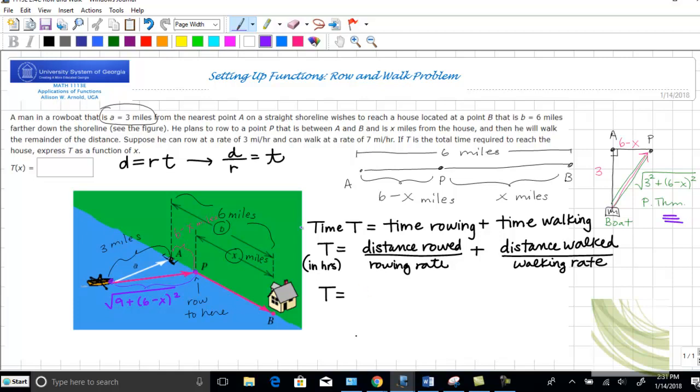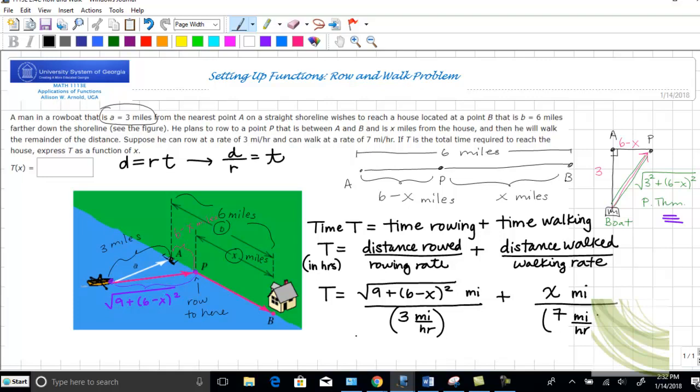Okay, so the distance that he's been rowing in miles divided by the fact that he can row 3 miles per hour. Notice that when we invert and multiply the units, the miles would cancel and we will have hours. So that's something you do need to check. The distance he walks is x miles. His walking rate is 7 miles per hour.